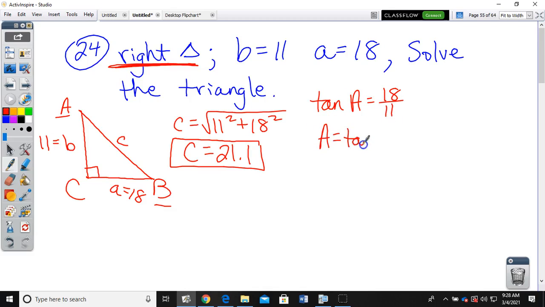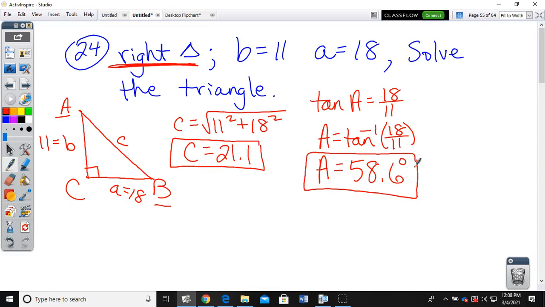A is the inverse tangent of 18 over 11. You could, but again, it's a lot quicker to do that. All right? So, what is the inverse tangent of 18 over 11? Say it again. 58.6 is correct. Again, since it's a degree, you need to make sure you put degrees.